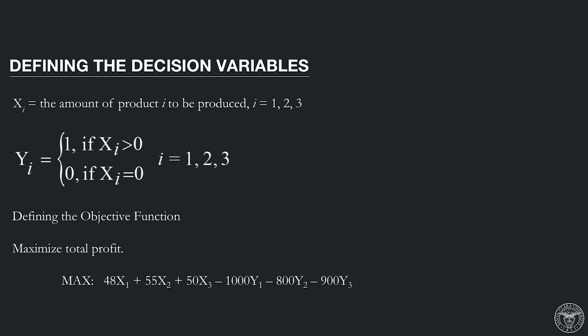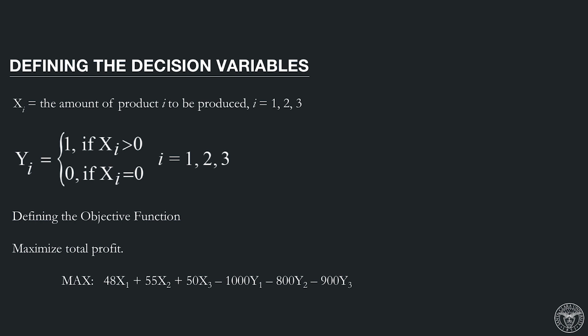But in order to express the meaning of whether or not to set up the machine to produce product i, we must have a new decision variable. In this case, we are going to use yi. If we are going to produce some positive number of product i, in other words, xi larger than 0, then yi must be equal to 1.